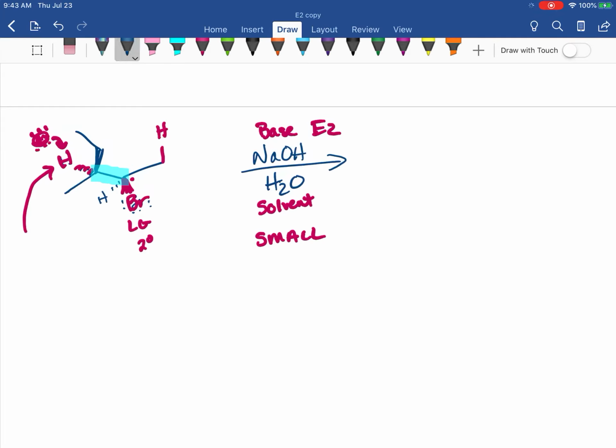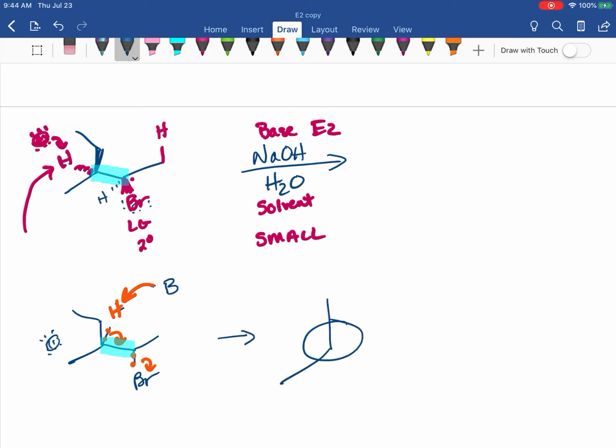If it helps you to draw the mechanism, let me draw it flat real quick first, and let's draw our mechanism. Our base is coming in. We are taking, let's color code, okay? This hydrogen, these electrons are making your double bond, and you're losing your leaving group. So the bond that we want in our Newman projection is this one.